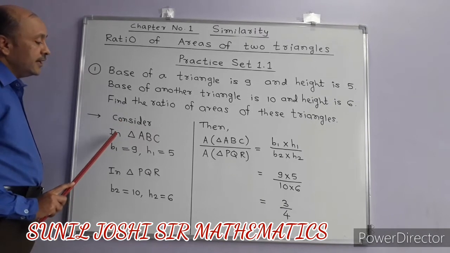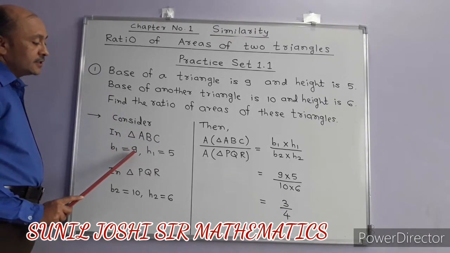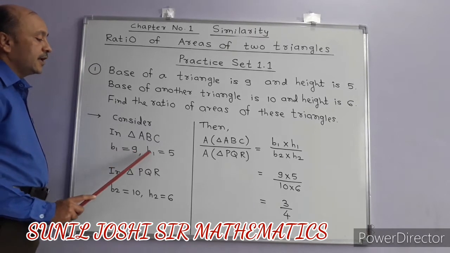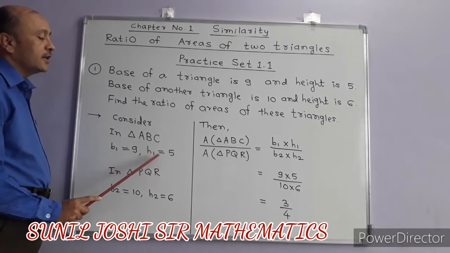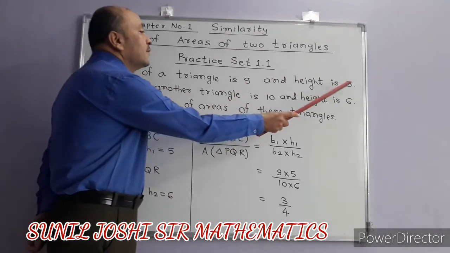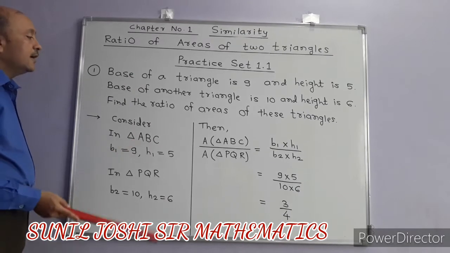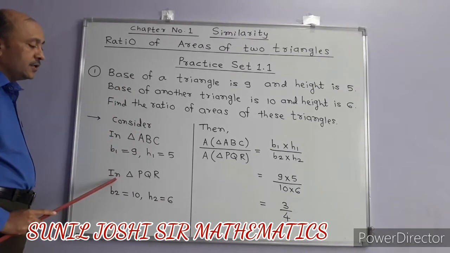So consider triangle ABC. B1 is the base for the first triangle, that is 9. H1 is the height for the first triangle, that is 5. So let this triangle be triangle ABC and let another triangle be triangle PQR.